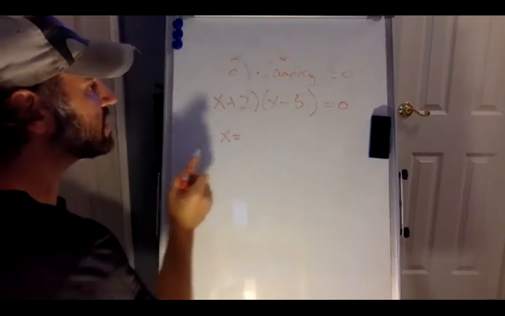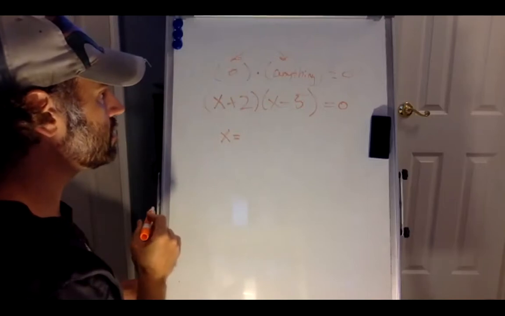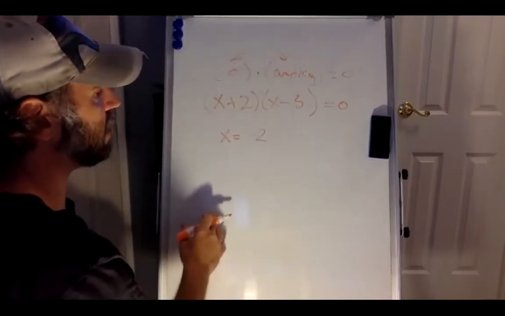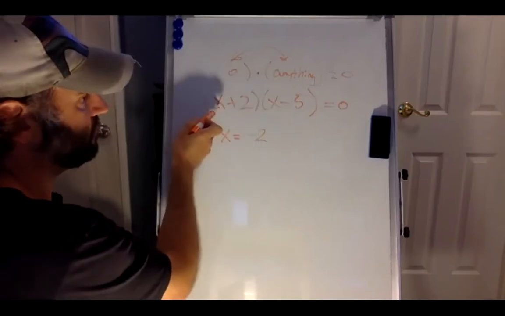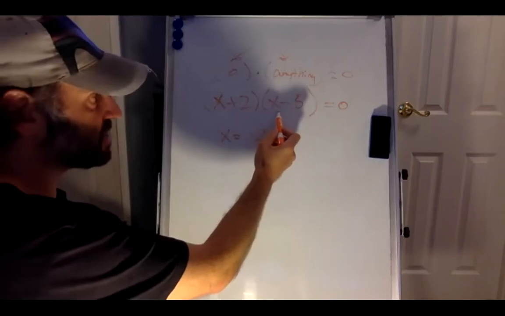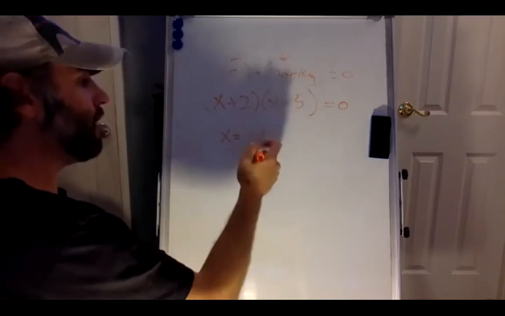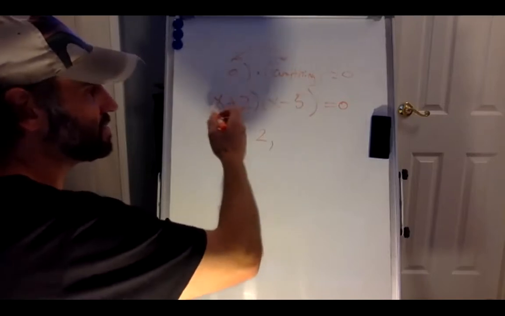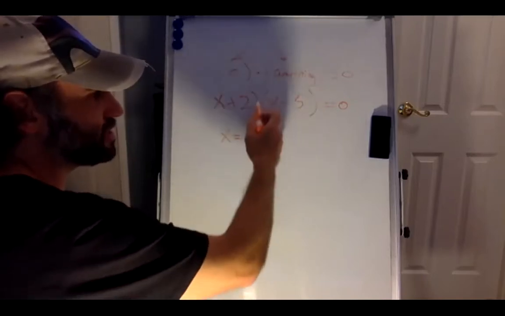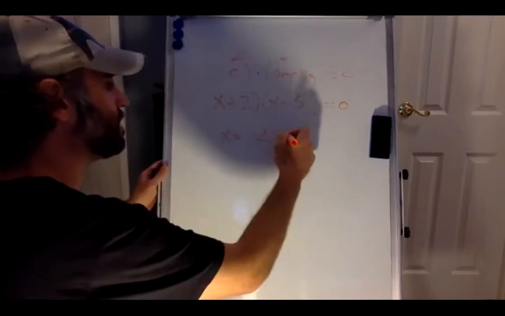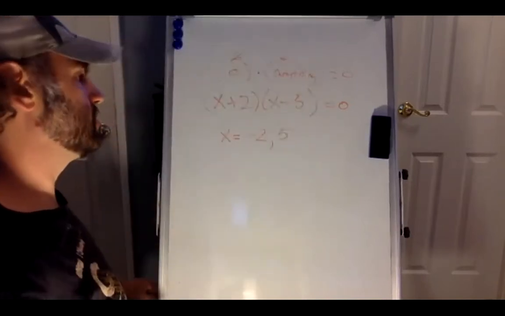It's not 2, it's the opposite of 2. Negative 2. What happens if x is negative 2? You get 0. You don't get 0 here, but it doesn't matter. Now, if I want to make this one 0, then it doesn't matter what this one is. To make this group 0, x would have to be what? 5. Yeah, so those are your solutions.